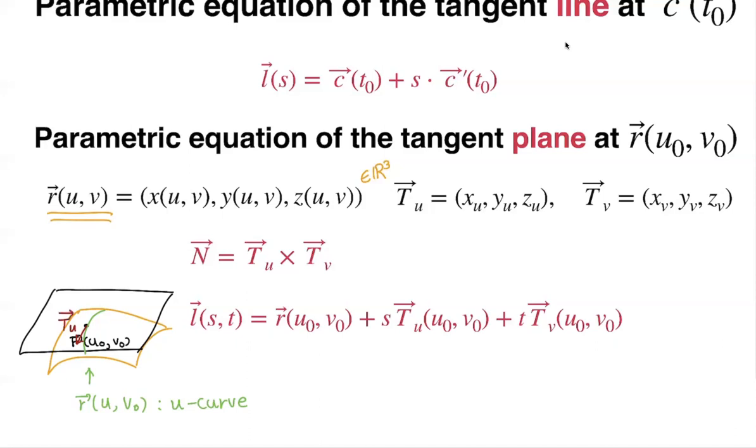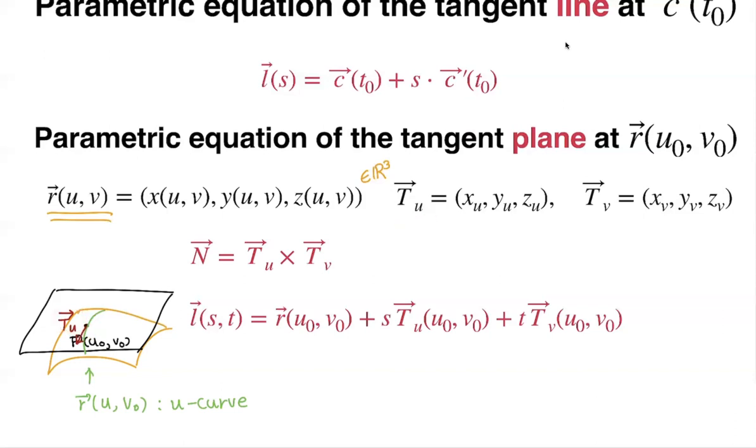Actually, when you take a partial derivative with respect to u, we regard v as a constant, right? This curve means we regard v as a fixed number. So this tangent vector is exactly tu.